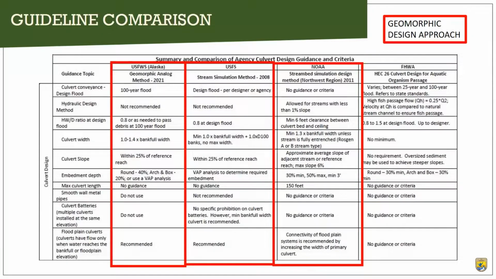The design approach in this HEC 26 is based on hydrologic predictions and does not have any guidance on setting channel dimensions based on geomorphology. So it's not a geomorphic design approach. And using those hydrologic predictions, we're introducing a lot of potential error into this design. So we hope to see these guidelines updated in the near future.